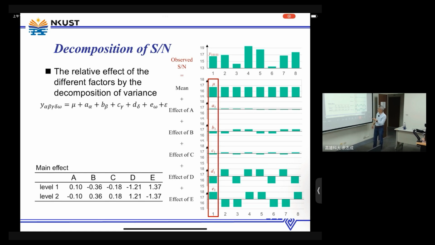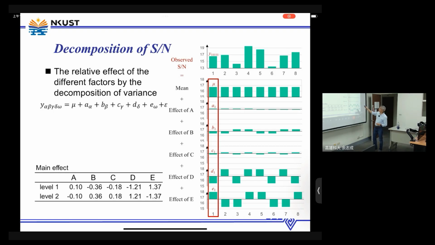Because in the first design we have this combination, each control factor will contribute its main effect to the output. So this output, y11111, will be the summation of mu, A1, B1, C1, D1, E1.